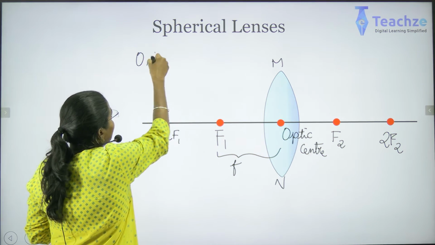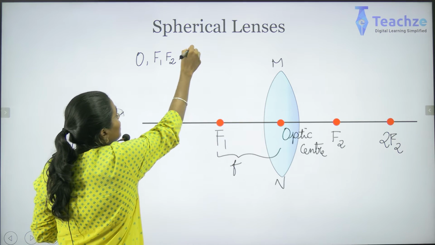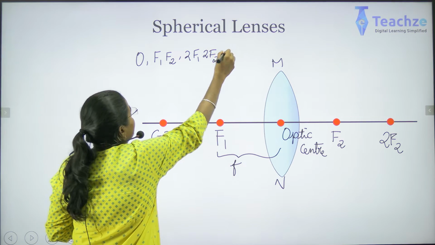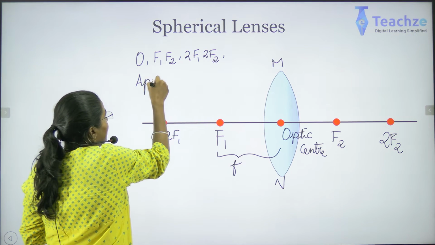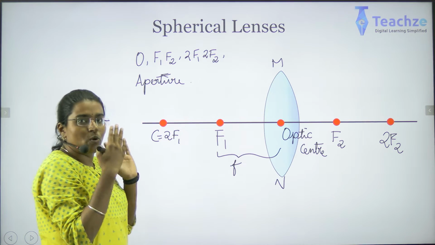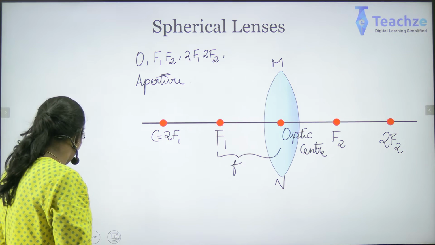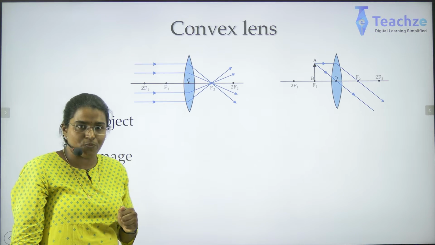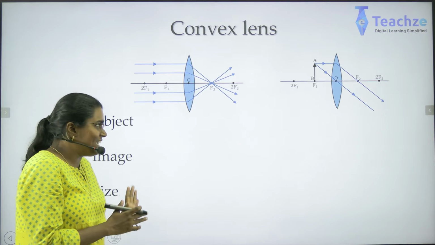Optic center O, F1, F2, focus, 2F1, 2F2, center of curvature. And the aperture, M and N, would be the amount of light going through the refractive material. So with this, we'll go to the image formation. Very easy, very similar to the spherical mirrors.